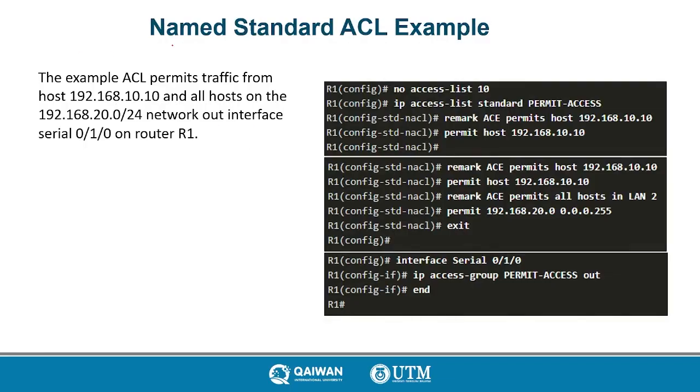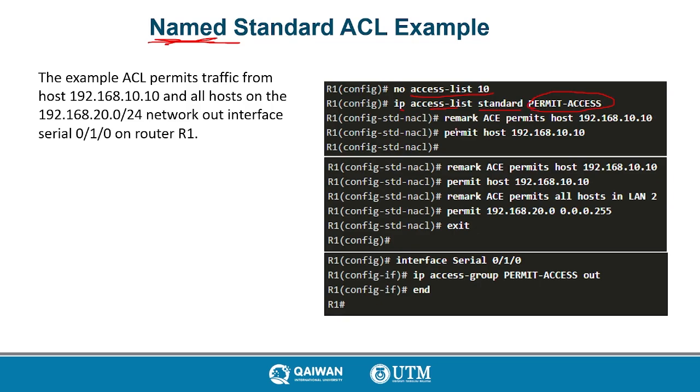Now we also have named standard ACLs. So instead of 10 or a number, you can also have a name. In here it says no access-list 10. This will delete access list number 10. Now we will say ip access-list standard, this is the name, permit-access.